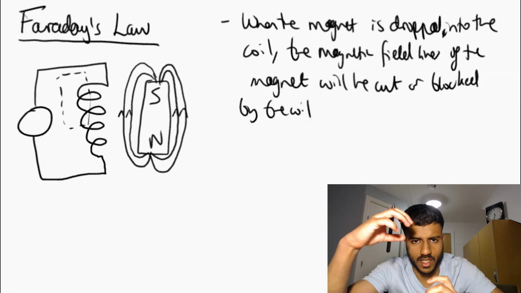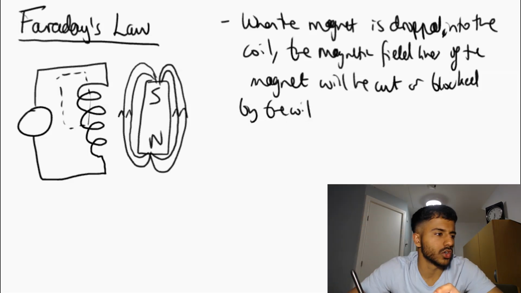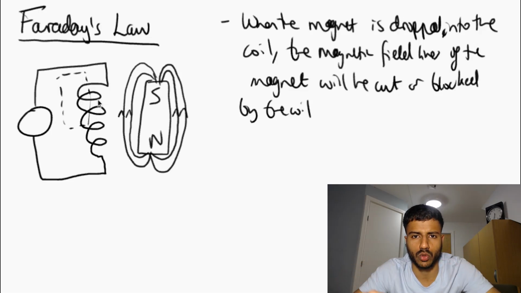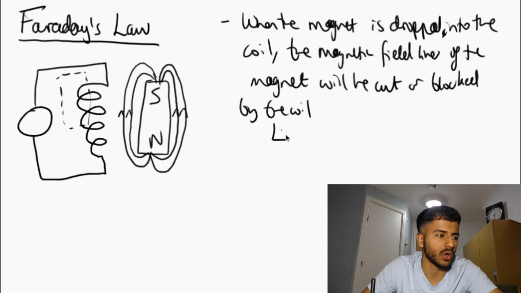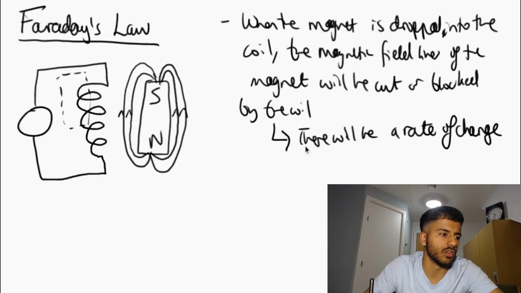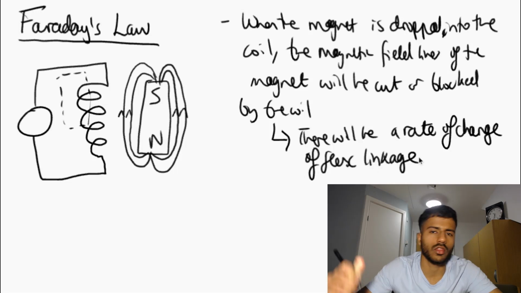So as this magnet is going to be dropped through this coil, you can see that this wire in the coil is going to pass through the magnetic field lines. And now the technical name for what's going on here is that there will be a rate of change of flux linkage through the coil.